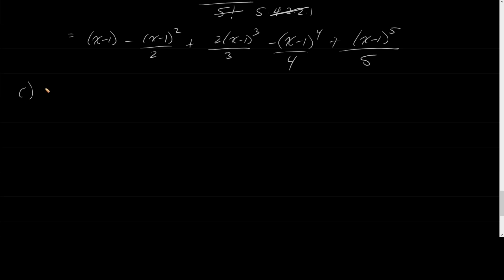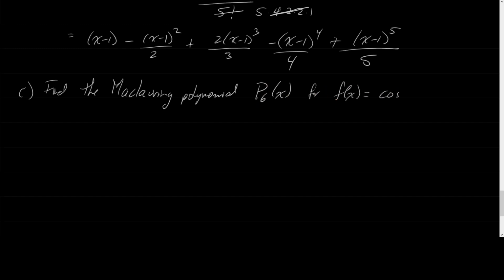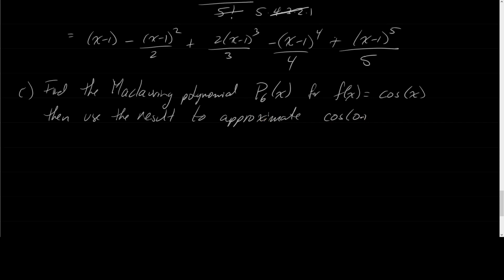Example C. Find the Maclaurin polynomial P sub 6 of x for f of x equal to cosine of x, then use the result to approximate cosine of 0.1. And this is 0.1.